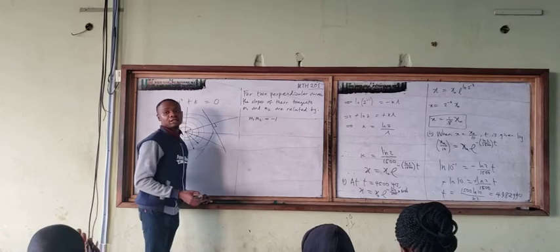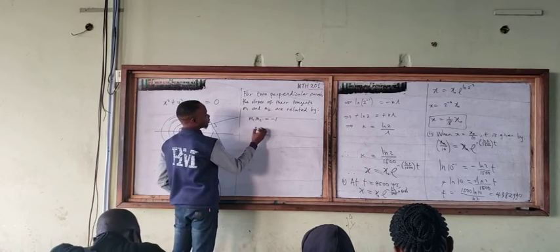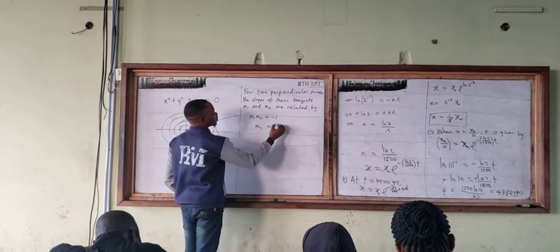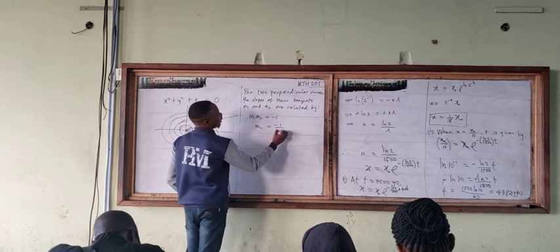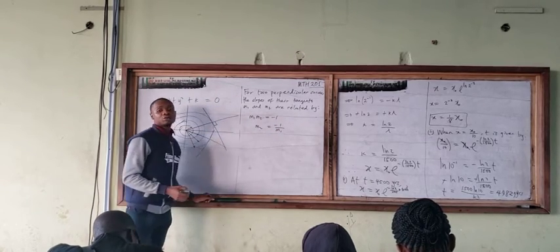That means that if I know the slope of one and I want to get the slope of the other, I'll just say M2 is equal to minus 1 over M1. Does it make sense? So that's what we're going to do here.